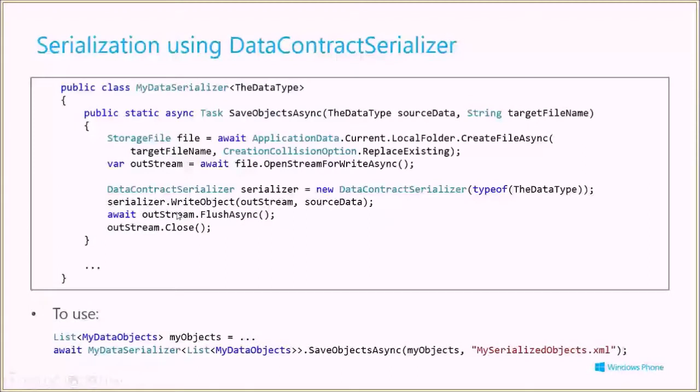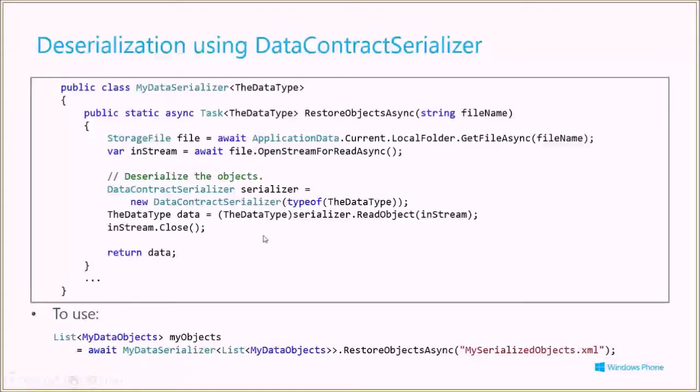Then you write this object into an outstream, specifying the source data that you used, and you await this flush async. You free the stream again after you're done with the outstream, and then you close it. So this is what you do with the serialization.